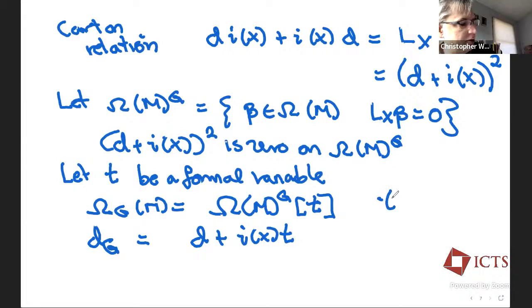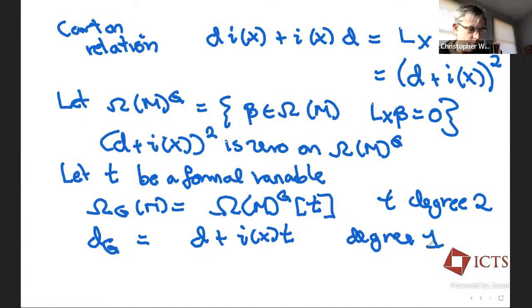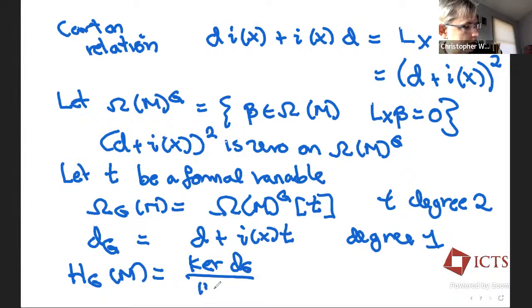So if you set t here to be degree 2, then this operator is still degree 1, because d has degree 1, i_X has degree minus 1, and you're multiplying by a formal variable that you decide has degree 2, so the whole thing still has degree 1. And then d_G squared is 0, and so you can take H_G of M to be the kernel of d_G modulo the image of d_G.